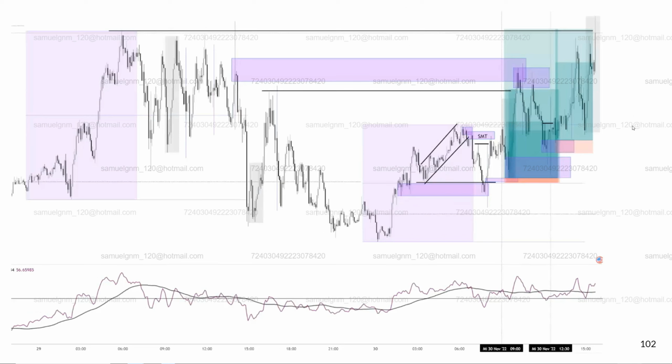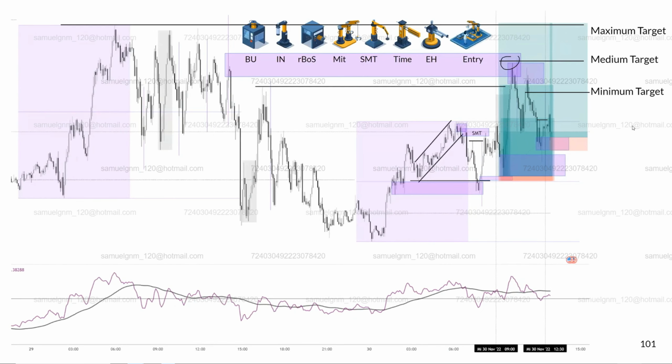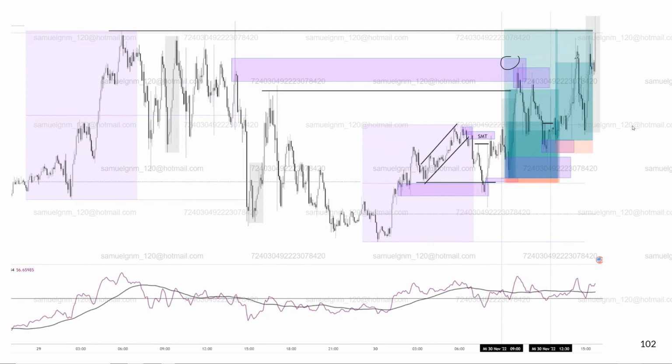Boom. Absolute perfection, right? And this is exactly what we talked about. If you choose, obviously, the maximum target right away, here's the triple tops, which was very obvious to get taken out. But what happened before, right? They just snacked. If you go back again, here was our medium target, right? So guess what? After they snacked the medium target, they decided to play the fake away one more time.